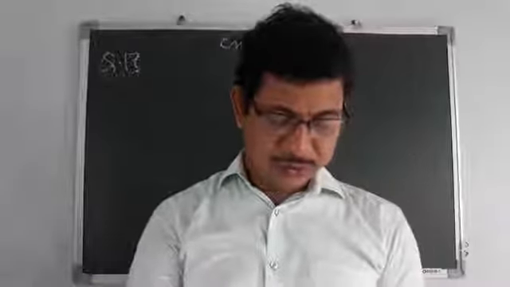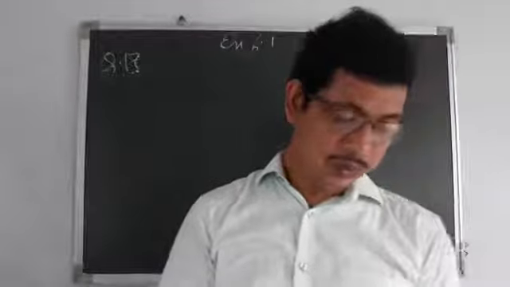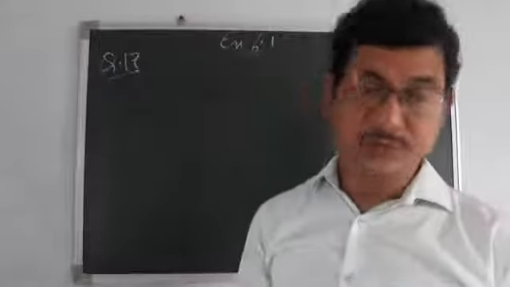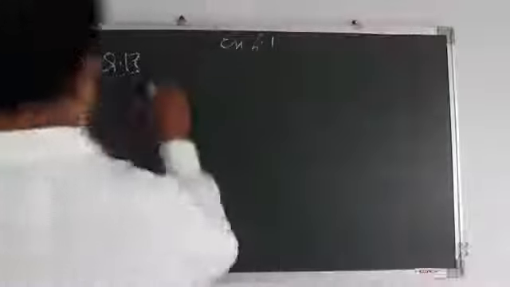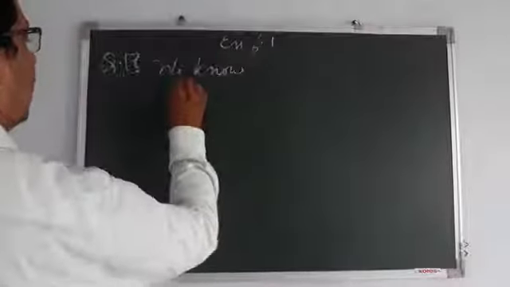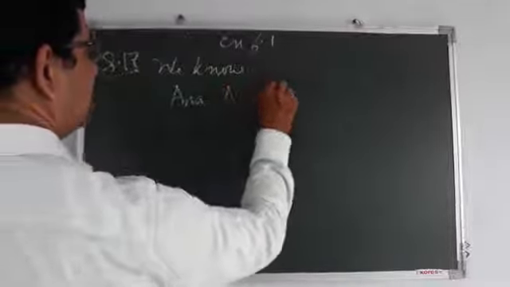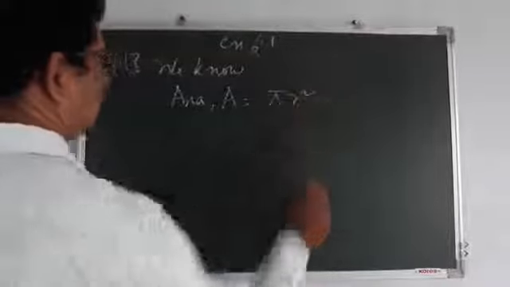So rate of change of area of a circle. Here you see that we know the area of a circle. If I give a symbol A, then it is πr².